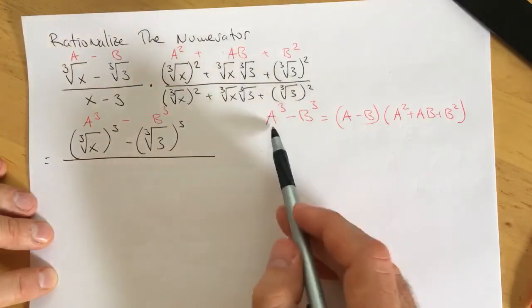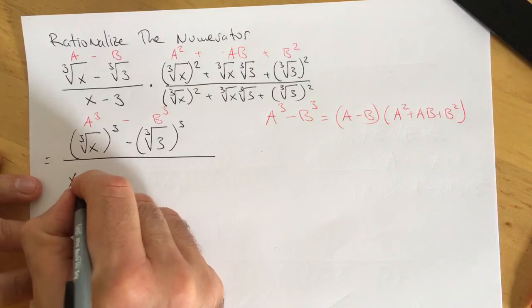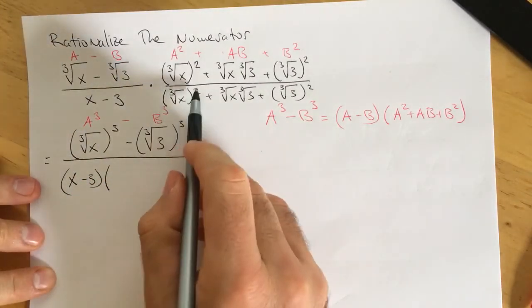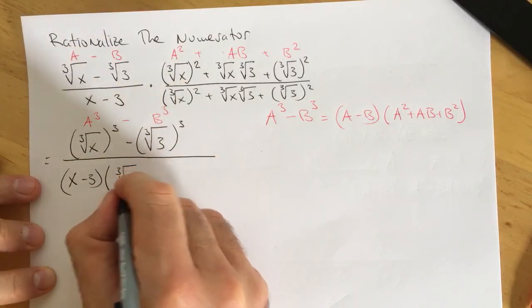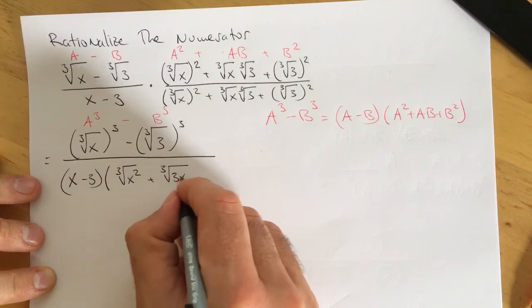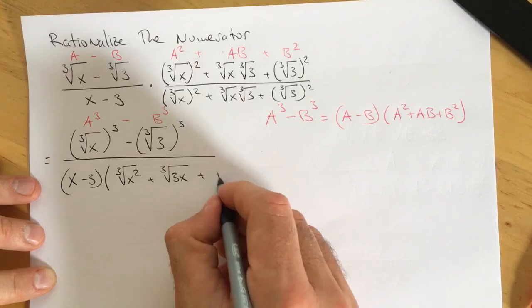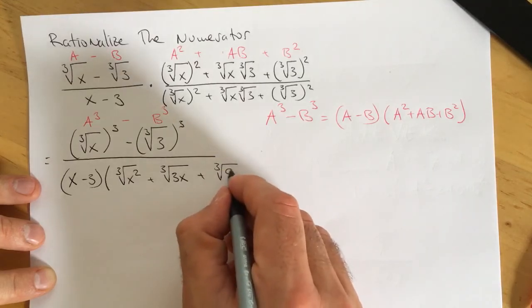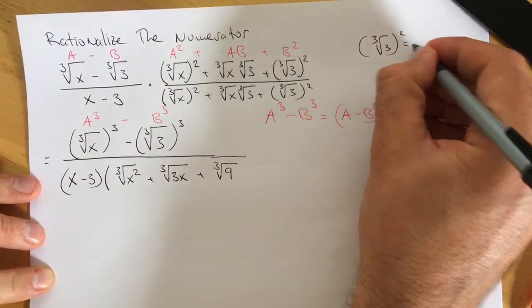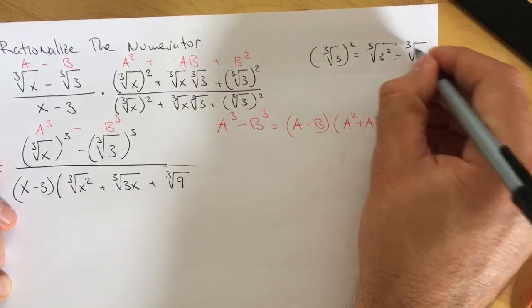Now the numerator, following this formula, just becomes this, right? And in the denominator I have x minus 3 times cubed root of x squared is cubed root of x squared plus cubed root of 3x, right? I just, by properties of radicals, I multiply this, plus cubed root of 3 squared, which is cubed root of 9, right?